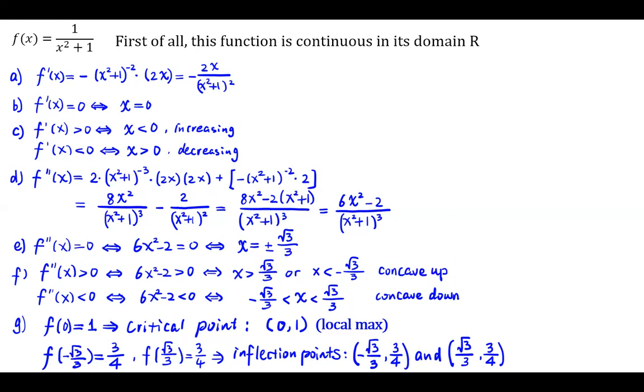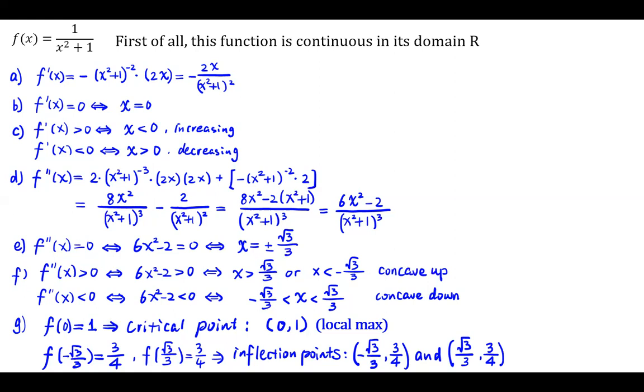Then in order to find its concavity properties, we need to find any point that makes this second derivative be 0 first. The solution is x is either positive or negative square root of 3 over 3. Next, find any interval that makes the second derivative greater than 0. The solution is x is either greater than square root of 3 over 3, or x is smaller than negative square root of 3 over 3.